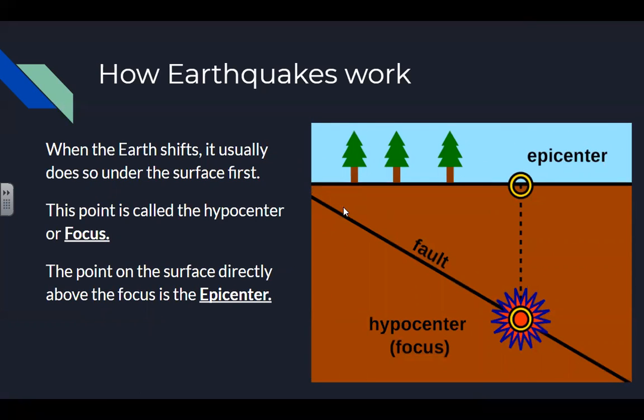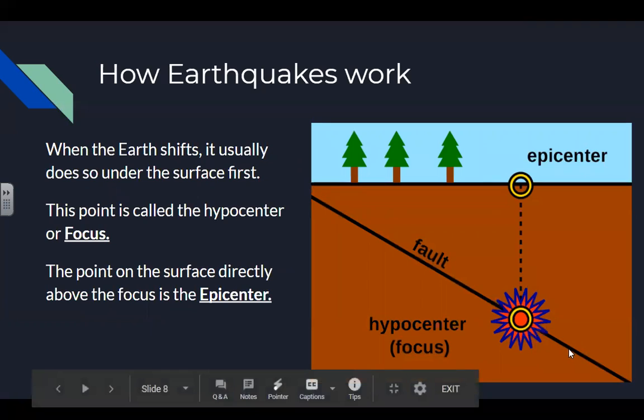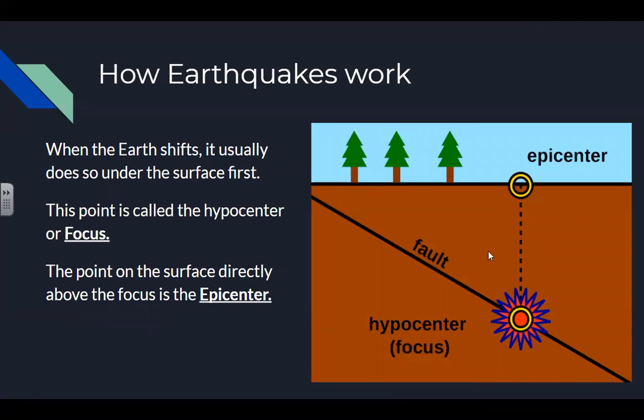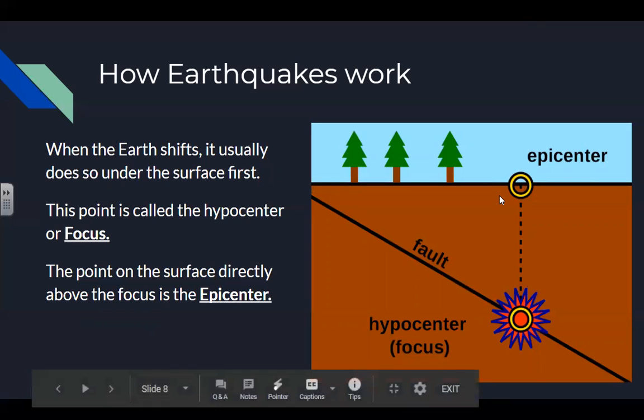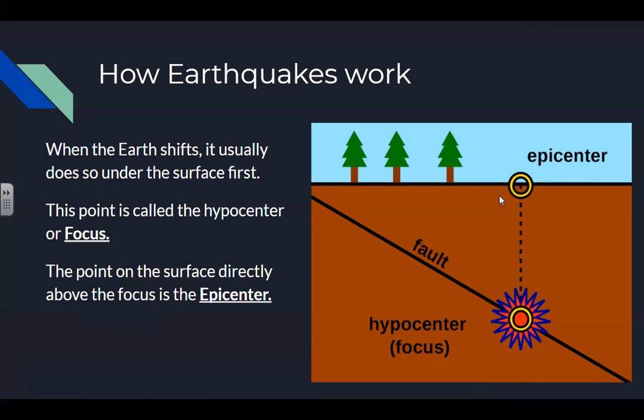The fault line here runs through the earth. Generally, the faults go at an angle, right? The fault goes through the earth here, and I would prefer if you had an image like this in your notes. If you're taking notes online or on a computer, find an image like this.